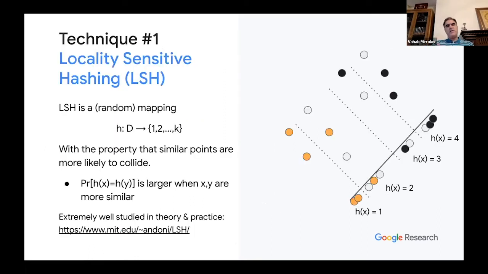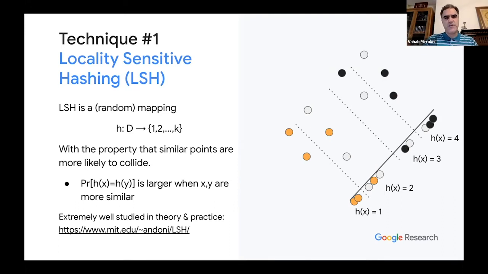So the first technique is locally sensitive hashing, which we have learned a lot about. I have learned it from Piotr here, and there is a good survey by Alex here. The idea of locally sensitive hashing is to find mappings of points that put similar points, or close points, into the same bucket.